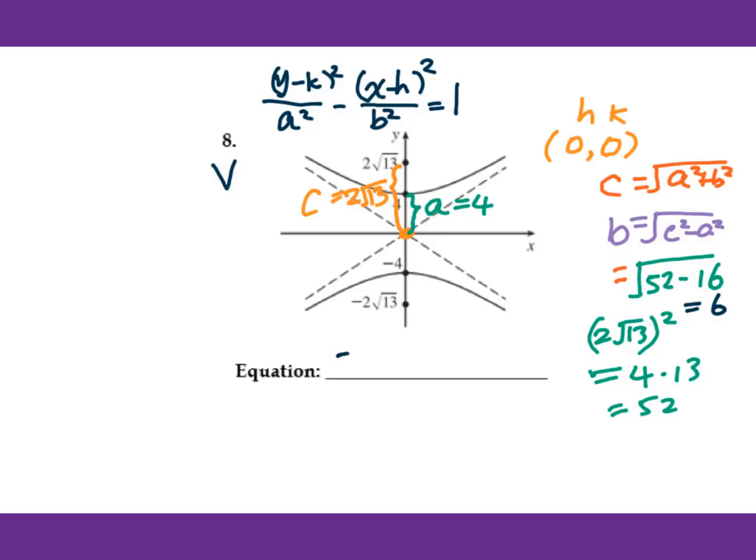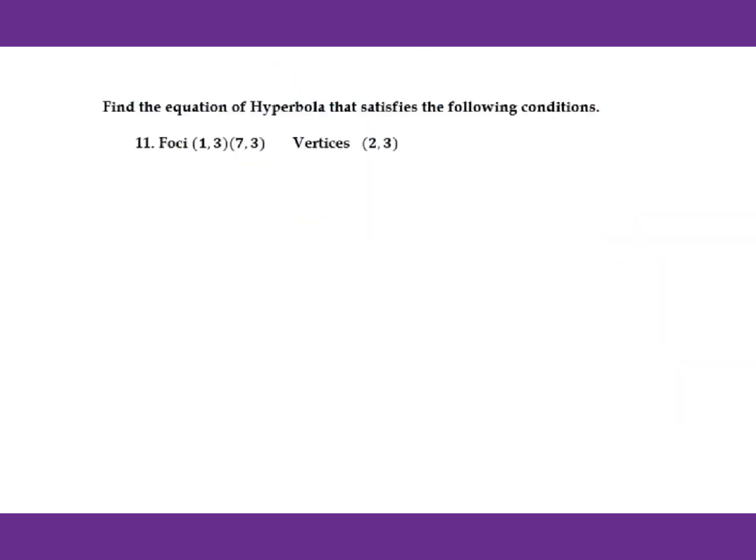Therefore, we write down the equation now. We got y squared over 16 minus x squared over 36 equal to 1. For number 11, you are given foci and vertices. Then find the equation of a hyperbola.